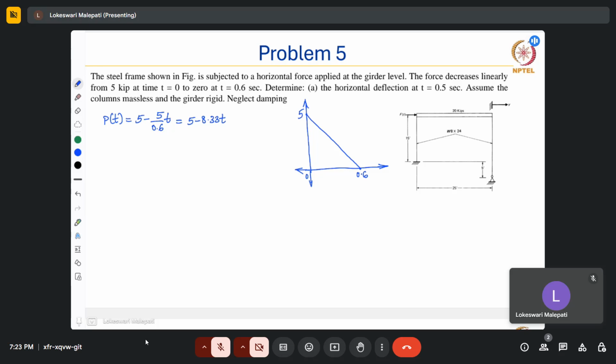They have given that we can neglect damping, which means the Duhamel's integral for this would be u of t is equal to the integral from 0 to t of p of tau sine omega n (t minus tau) d tau.